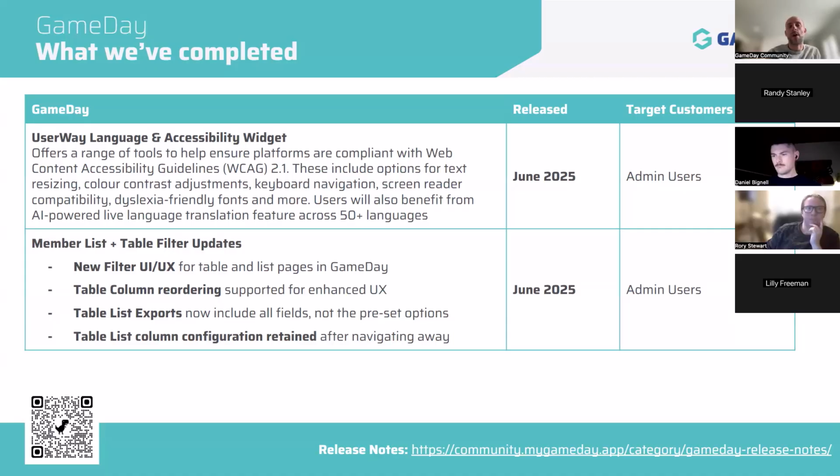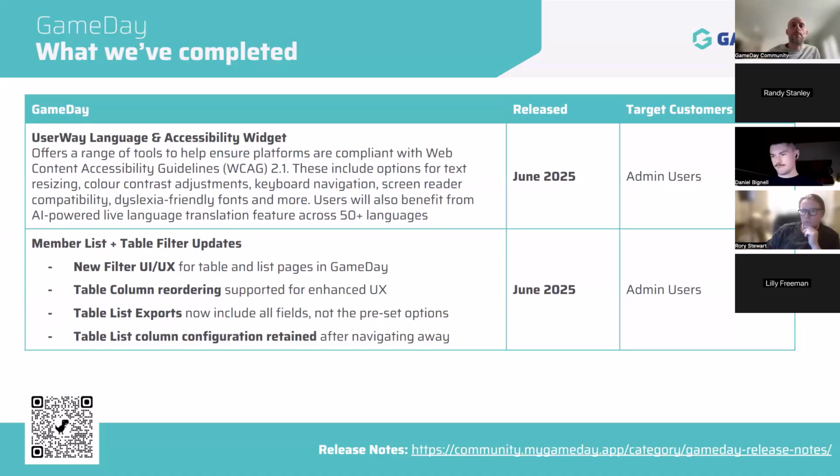It provides AI-powered live language translation for over 50 languages. So it supports users, obviously, that English may not be their first language, or users in various countries that we operate in. So yeah, really excited to bring that widget to our user base.